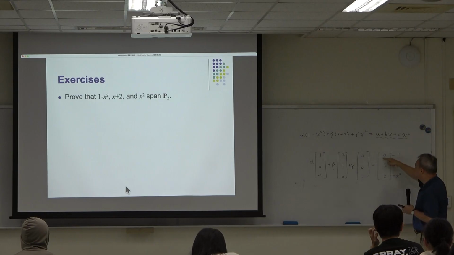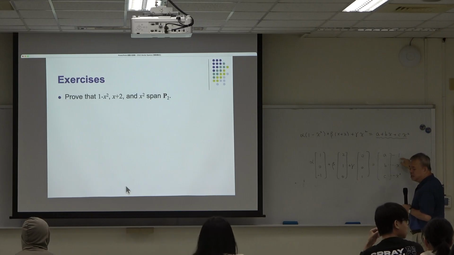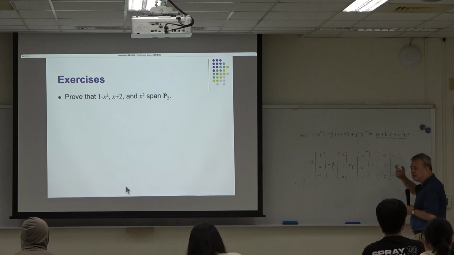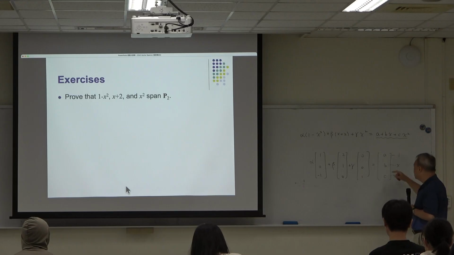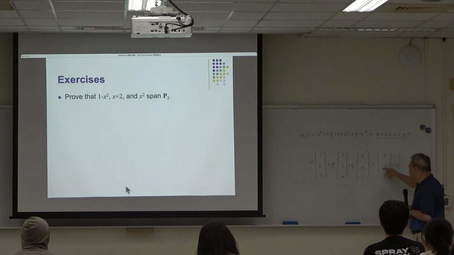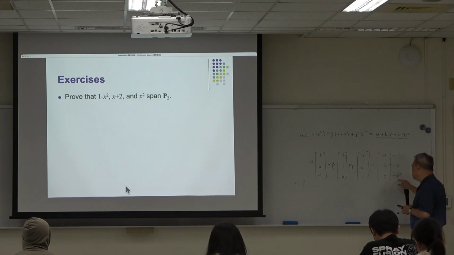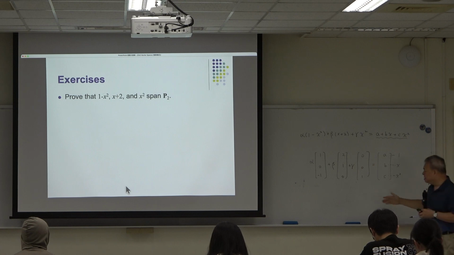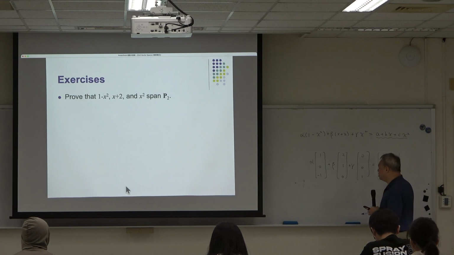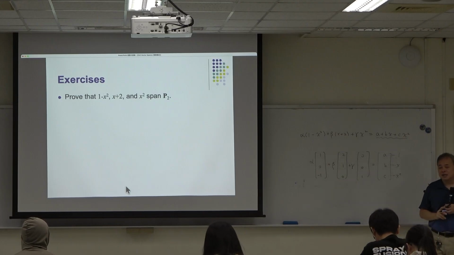The first value represents the coefficient for the term 1. The second term represents the coefficient for the term x. The third value represents the coefficient for the term x squared. If you use the same rationale to write the left hand side, it looks like that.